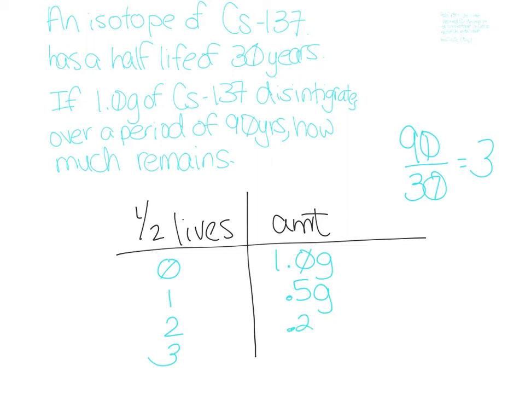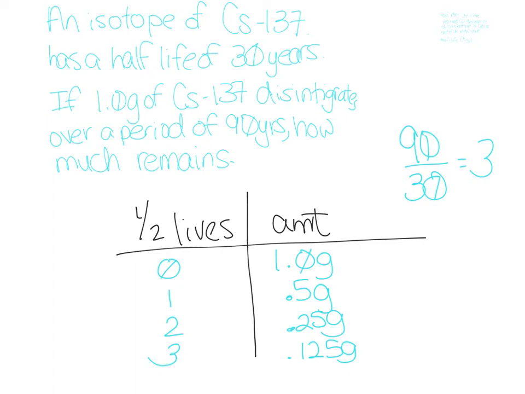You guys are so smart. In 3 half-lives, 0.125. So how much remains after 90 years? 0.125 grams. Really easy, right? Now, making the chart is probably the easiest way to do it. Half-lives, amount.